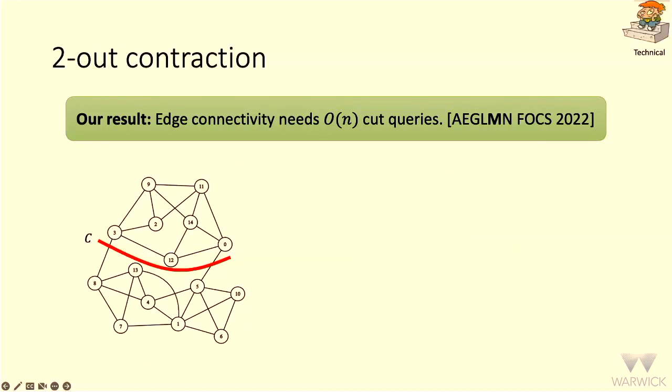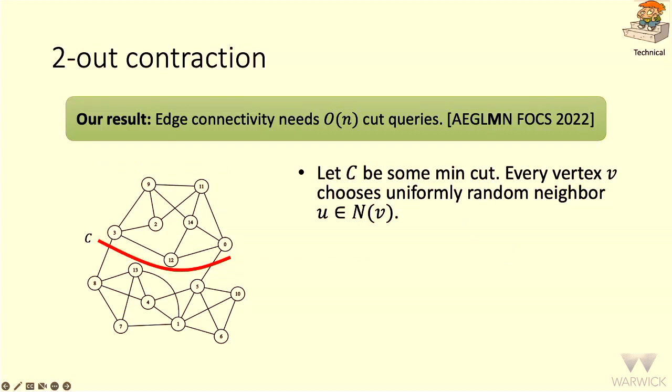So here is the main idea. Think of a graph, and let's just draw the min cut over here. Now, if I have every vertex choose a uniformly random neighbor of it, and let's say S is the set of sampled edges that I have chosen, it's not very hard to see that you will very rarely cross the min cut. Why? Because think of a vertex.